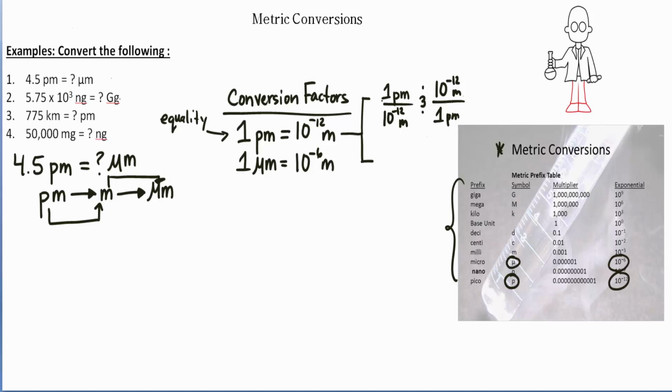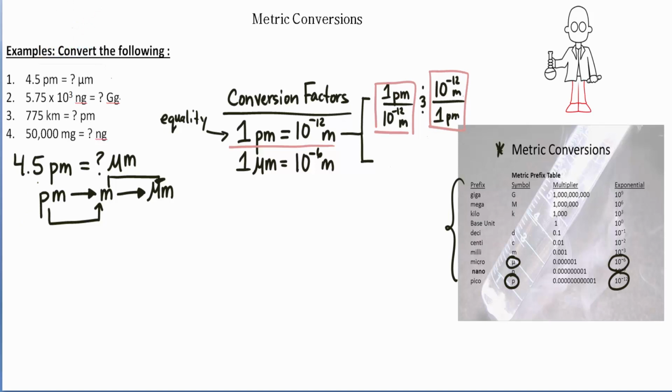The fact that this equality is true means that this is true and this is true. These two ratios are actually equal to 1.